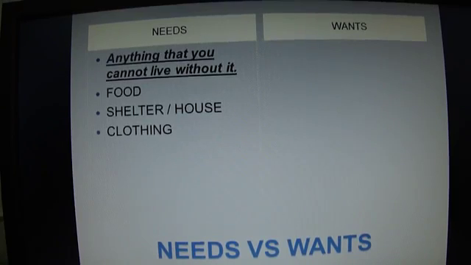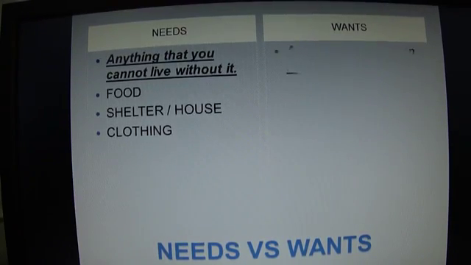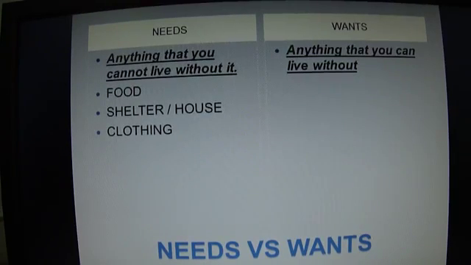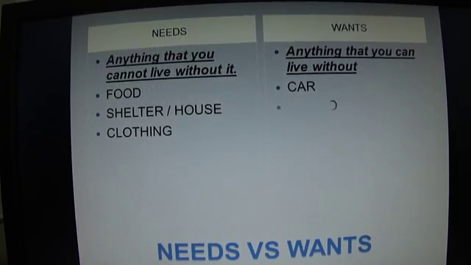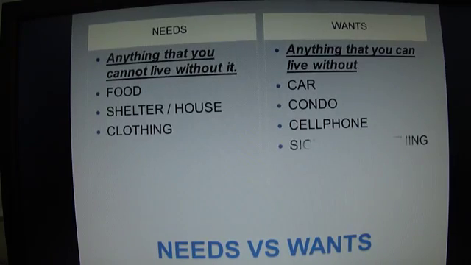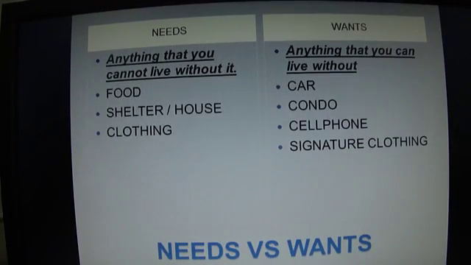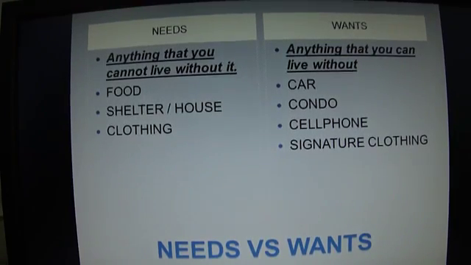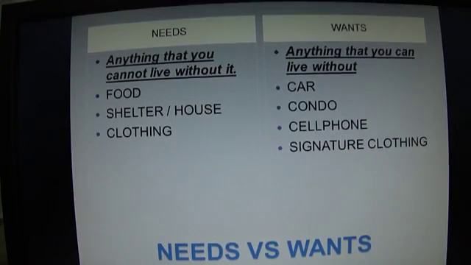Wants are those things that we can live without. Examples are car, condo, cell phone, signature clothing, and many more. We can always buy our wants, but we must prioritize our needs and build assets first. On the next slide, I will show you the money triangle.